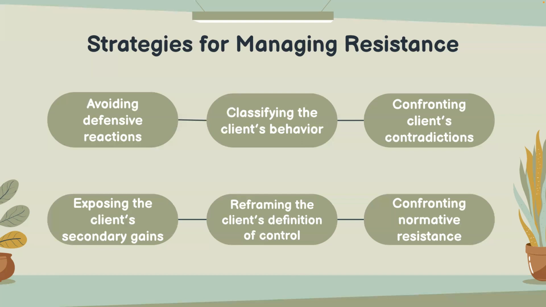Next, confronting normative resistance. With a minority client, some resistance may reflect the norm of the client's minority culture rather than an individual attitude. The counselor should attempt to trace the resistance back to the client's cultural value. When resistance has a cultural base, anyone from the client's culture would likely show the same type of resistance.